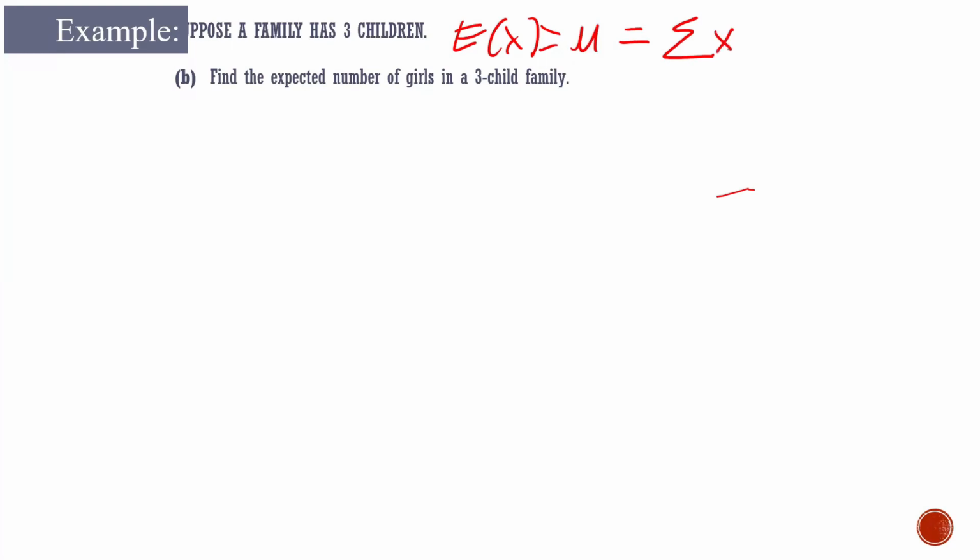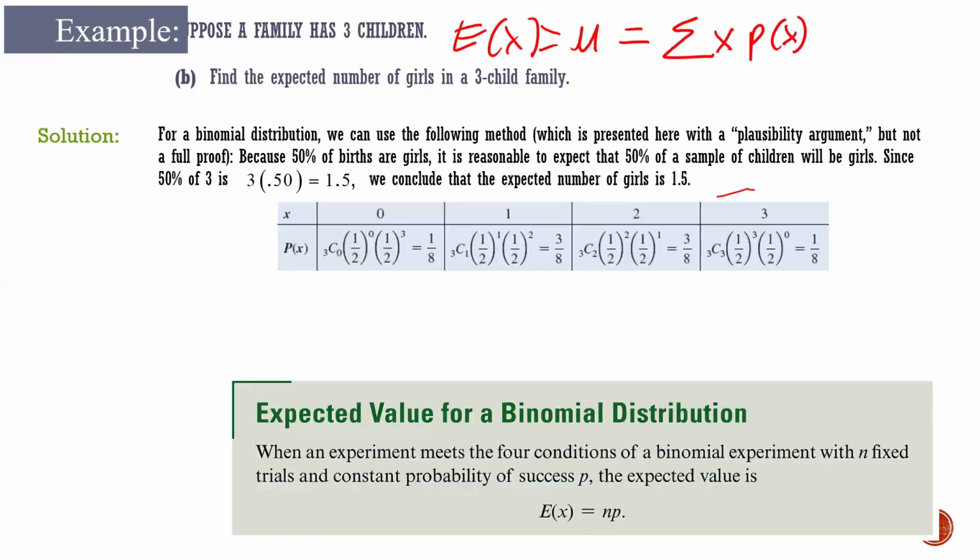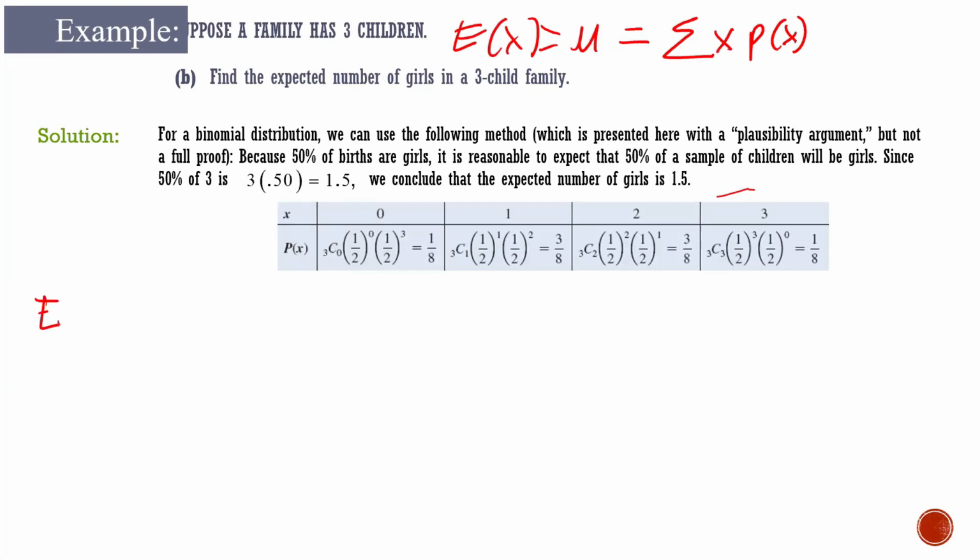Sum x p(x). So that means for each, and we can do a different way of seeing this, all right? Expected value equals 0 times the probability of having 0 girls.